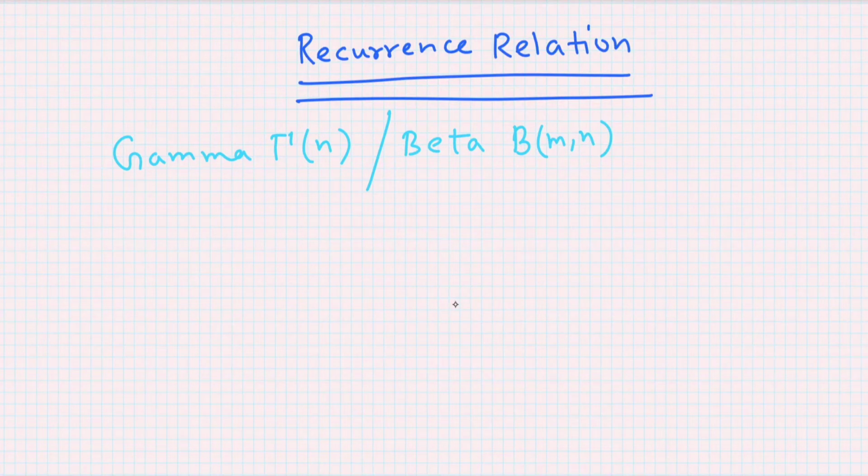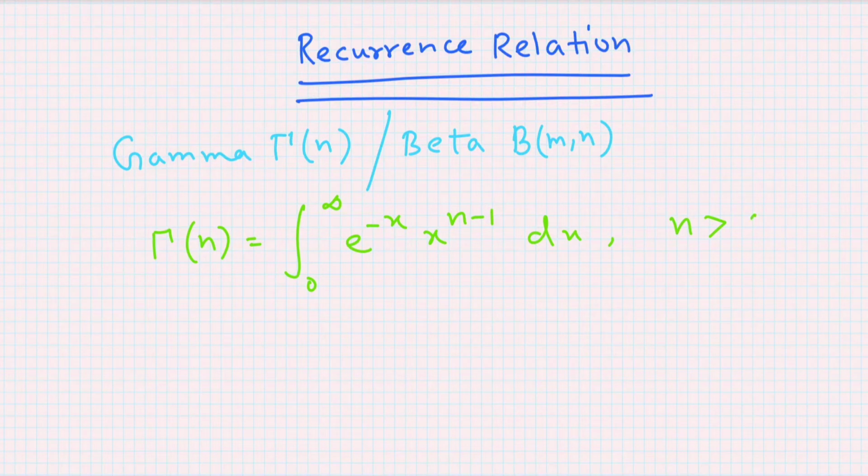We all know that gamma n is equal to integration 0 to infinity e power minus x, x power n minus 1 dx, where n greater than 0.